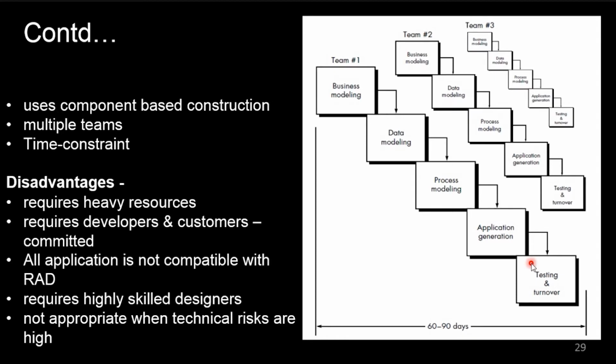As you can see here, this is one team. Team one first goes for business modeling, then data modeling, then process modeling. After taking the specification from the customer and completing communication and planning, they will start to model the project, starting with the first team, and each team will model each module.